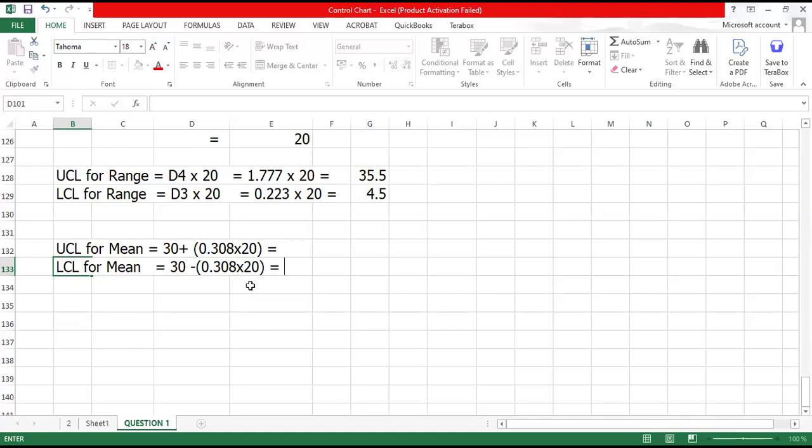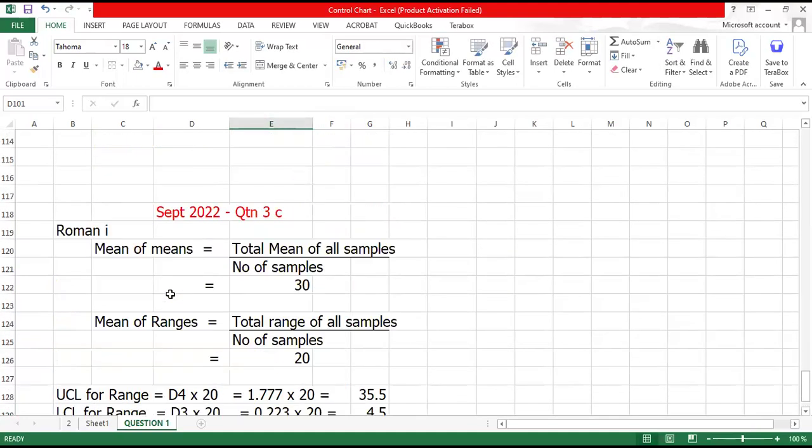Upper control limit is 36.16. Lower control limit is 23.84. So that's all about Roman 1.